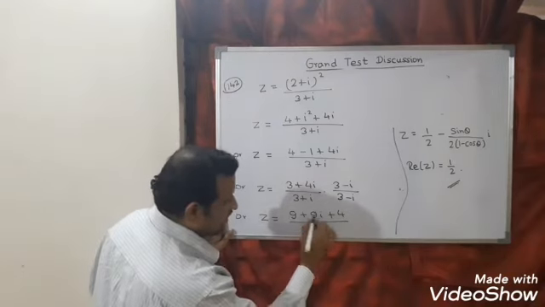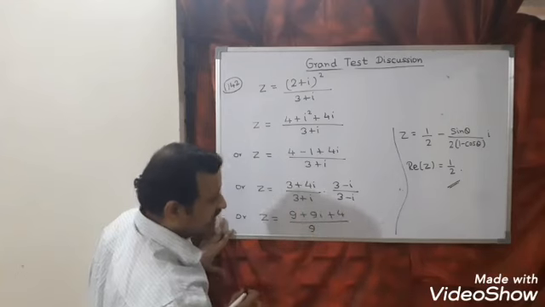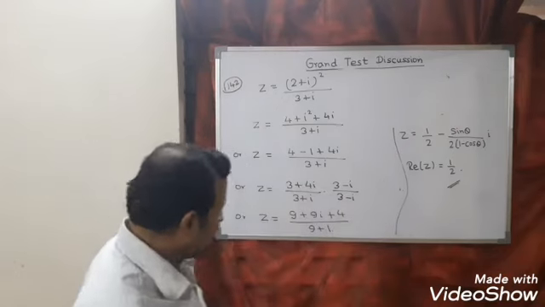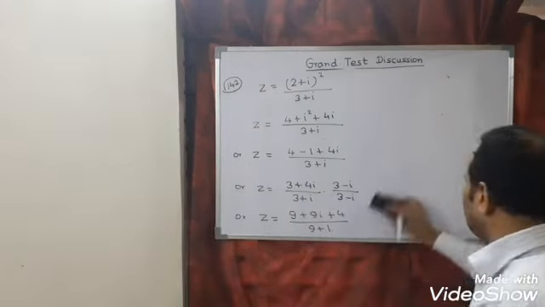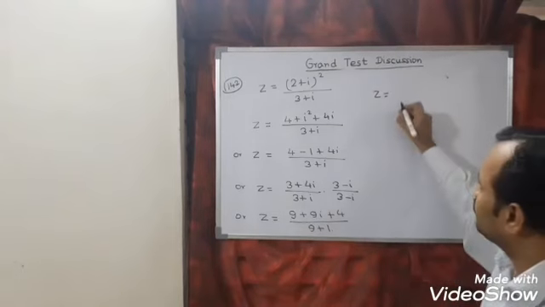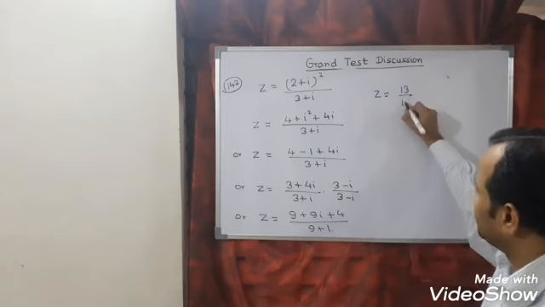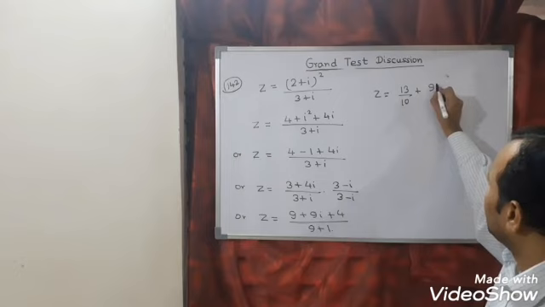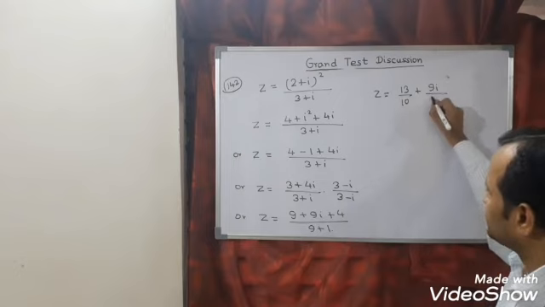Here 3 square is 9, and here minus of this, so plus 1 will come. So finally z is equal to 9 plus 4, 13 by 10, plus 9i divided by 10.